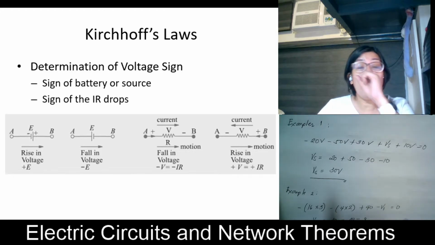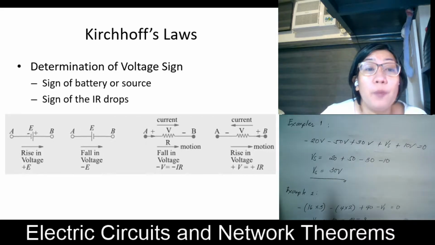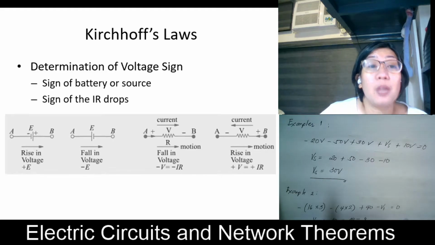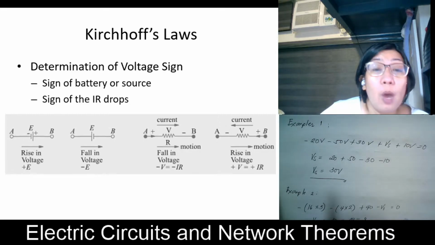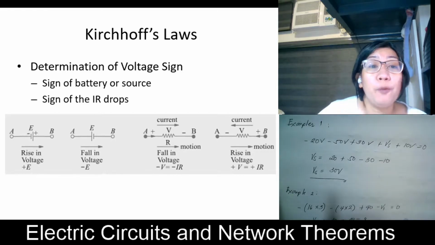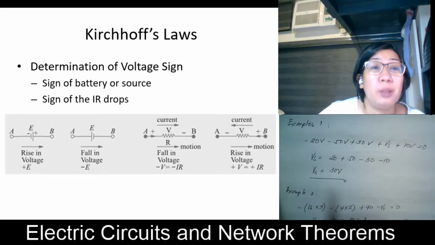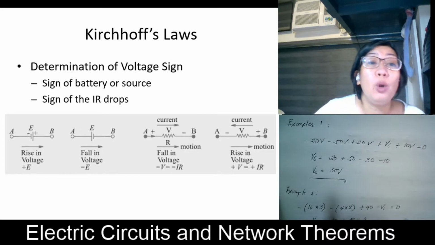Okay? So how about the voltage drop? For example, we have here a resistance. Let us just look at the direction of the current. Where the current enters, it is positive. Where the current leaves, it is negative. Therefore, we have a fall in voltage. Why a fall in voltage? Because this is positive going to the negative direction.